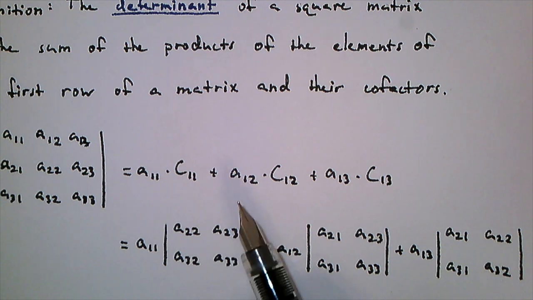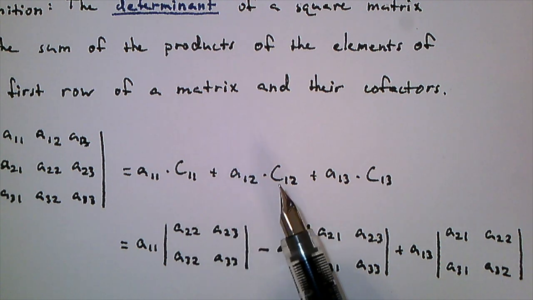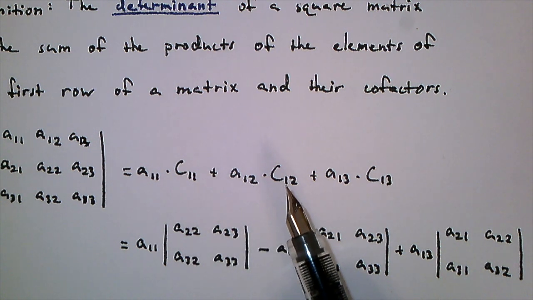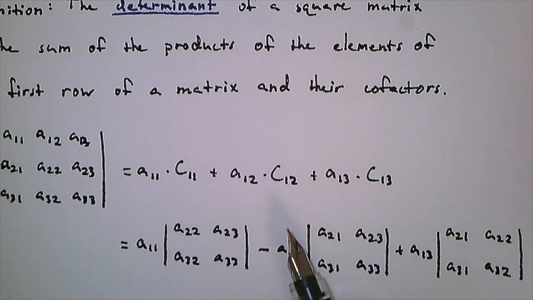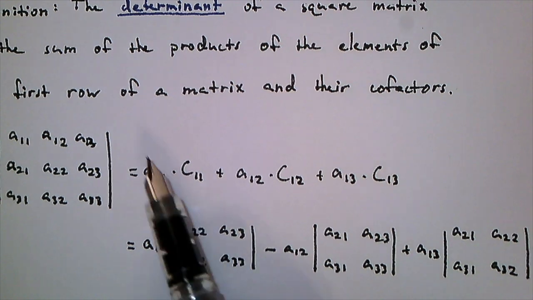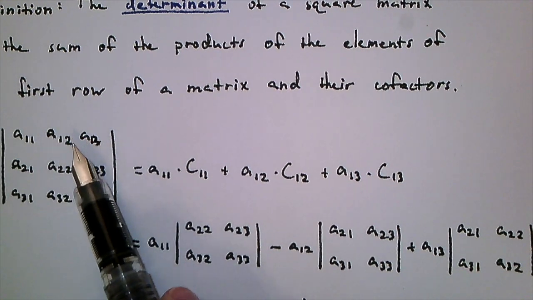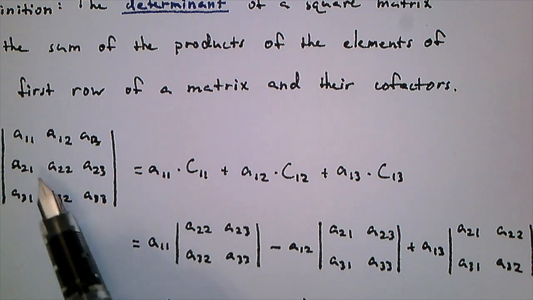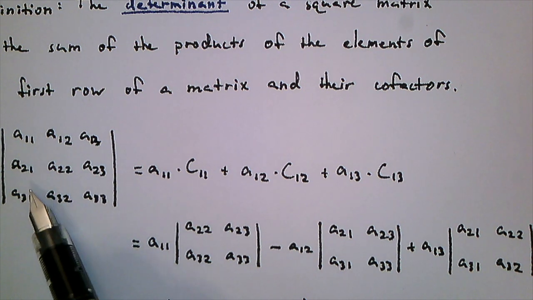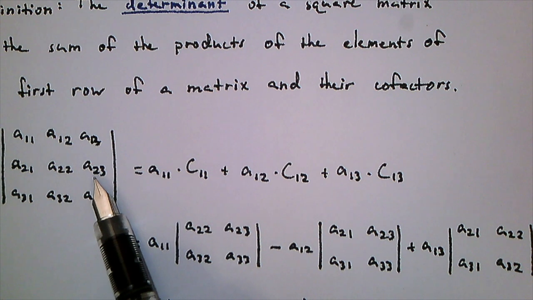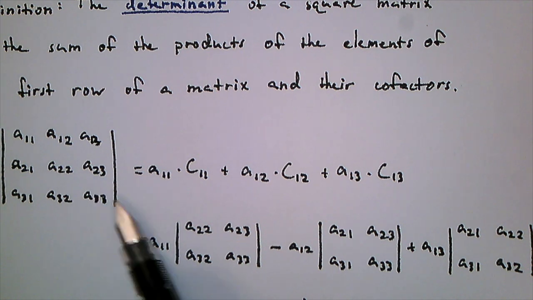Then we go on to the A12 cofactor. This one had a minus sign in our pattern matrix, so we put a minus here out front. And then we go back to our matrix. We delete the first row, second column. And what's left over is A21, A31, A23, and A33.